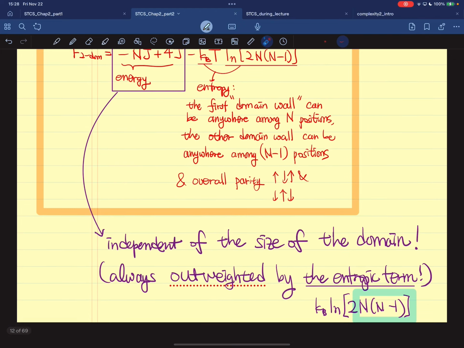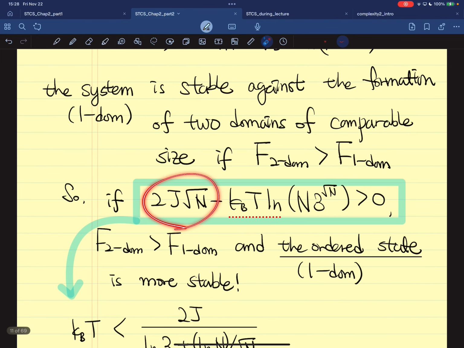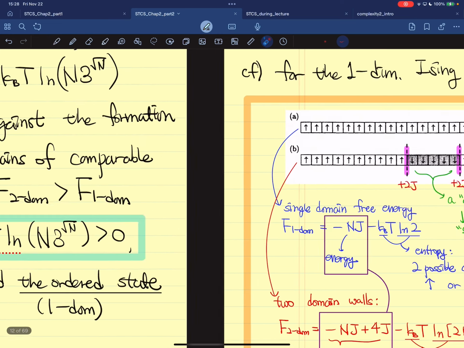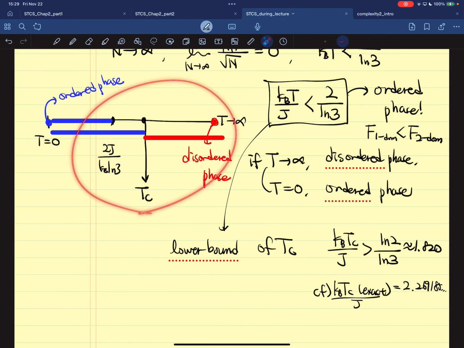But for a two-dimensional system, this energetic part also depends on system size. So there can be some subtle trade-off or some balance point between this energetic term and the entropy term. That will make this argument.